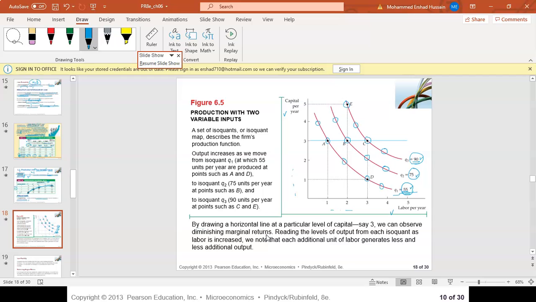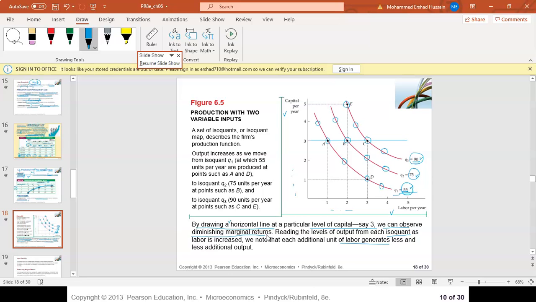By drawing a horizontal line at a particular level of capital, say 3, we can observe diminishing marginal returns. Reading the levels of output from each isoquant as labor is increased, we note that each additional unit of labor generates less and less additional output.